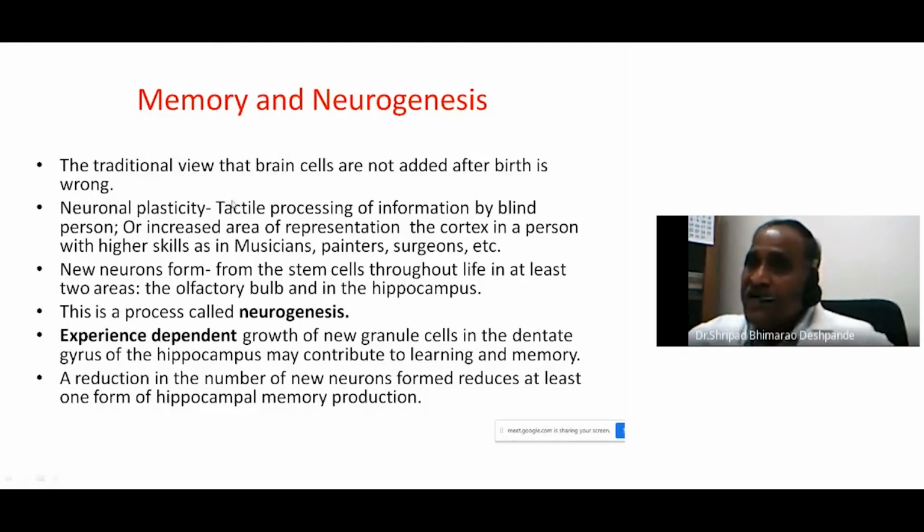Now in this context, if I bring you a person who, with an accident, loses his eye and becomes blind, the entire visual cortex is not able to receive the visual information. In that way he develops other skills such as tactile skills.